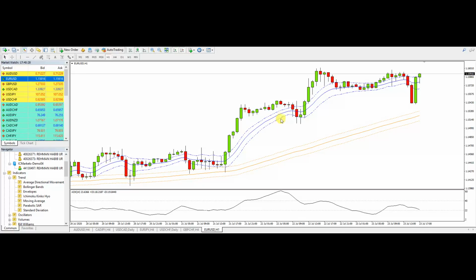So guys, these are six moving averages, three on top, three on bottom. This is a moving average of 72, the orange one. It is a high, low, and HLC3. So simple moving average, 72, and high, low, and HLC3.